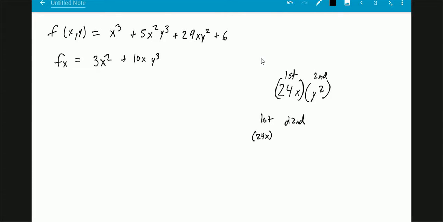So again, that second doesn't have any x's in it, so it's just a number. Its derivative is 0. Plus second, which is the y squared, times the derivative of the first. So the derivative of 24x would be 24. Well, 24x times 0 is gone. Y squared times 24 is just 24 y squared.